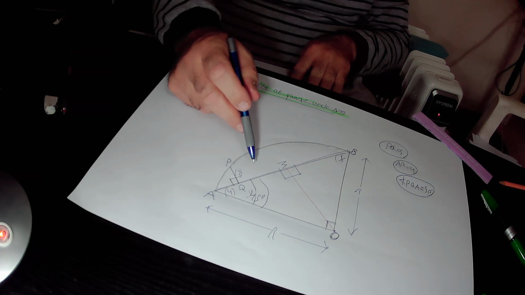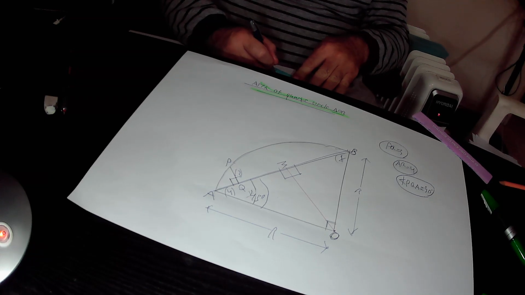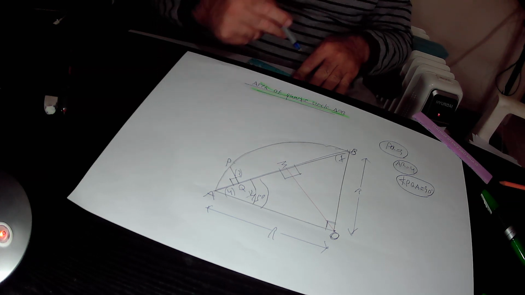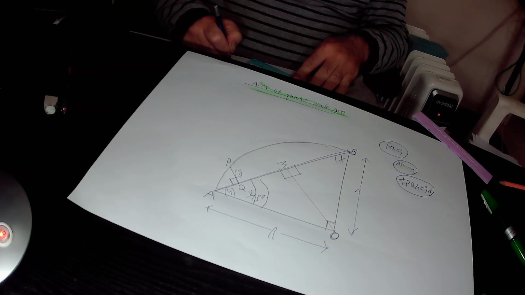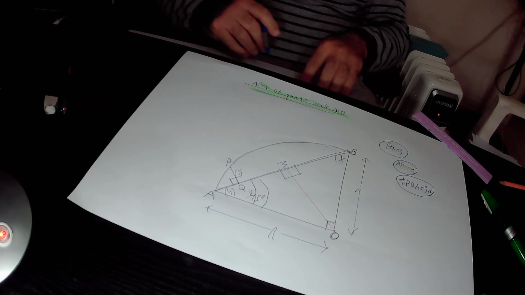We have 90 degrees plus 45 degrees, plus this missing angle AOM. In total, they must be equal to 180 degrees according to the rule that states that the sum of the angles in any triangle is equal to 180 degrees.